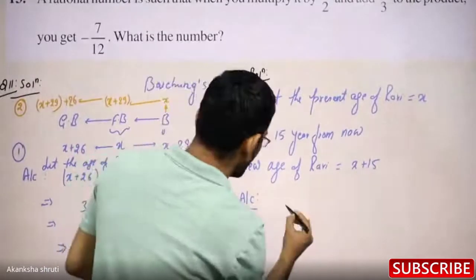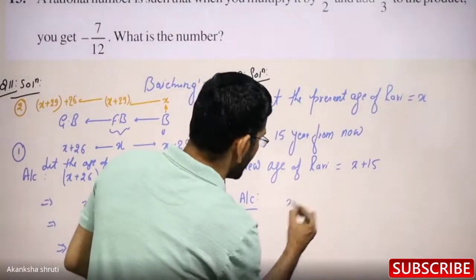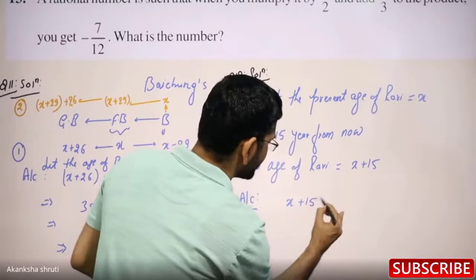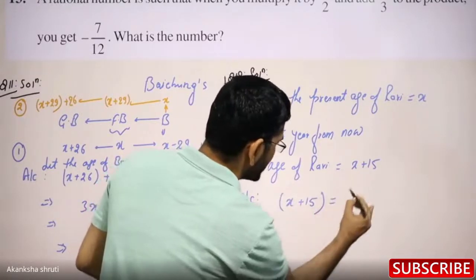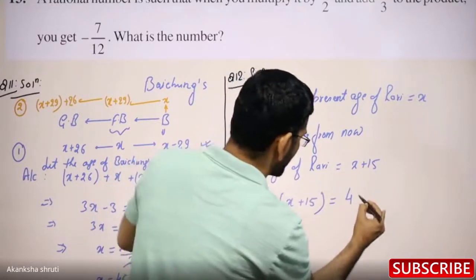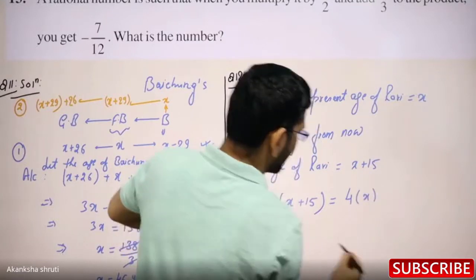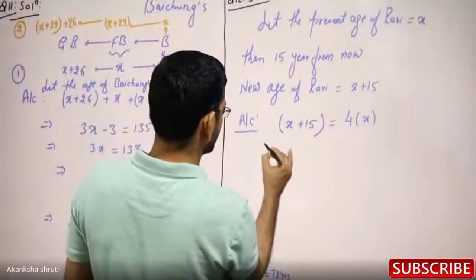Means this new age X plus 15 will be equal to 4 times the present age X. This is the equation that we can frame.